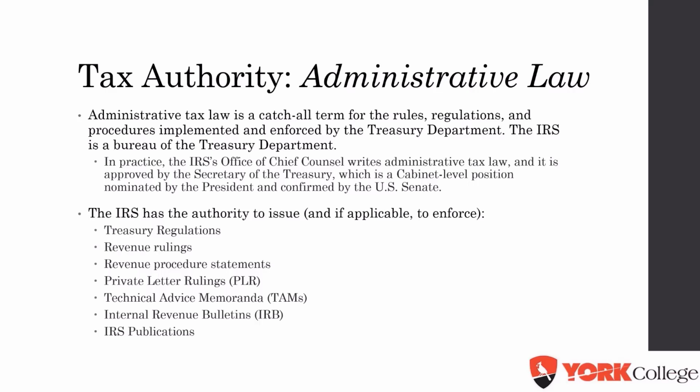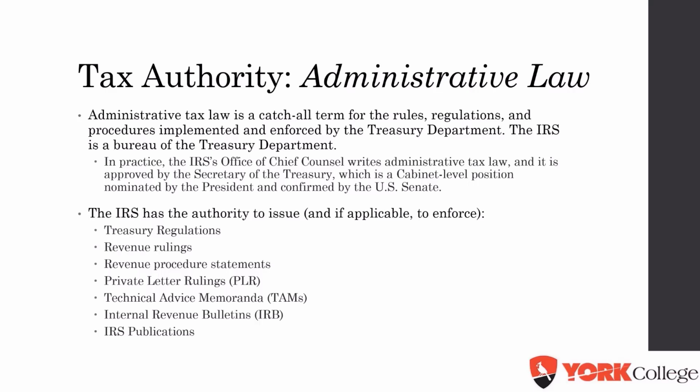So what happens is when the IRC passes, there has to be enforcement, and it is the IRS, and specifically the Office of Chief Counsel, that will write what we call administrative tax law. So administrative tax law is approved by the Secretary of the Treasury, who's the top level executive branch official within that executive department, and they are a cabinet level position.